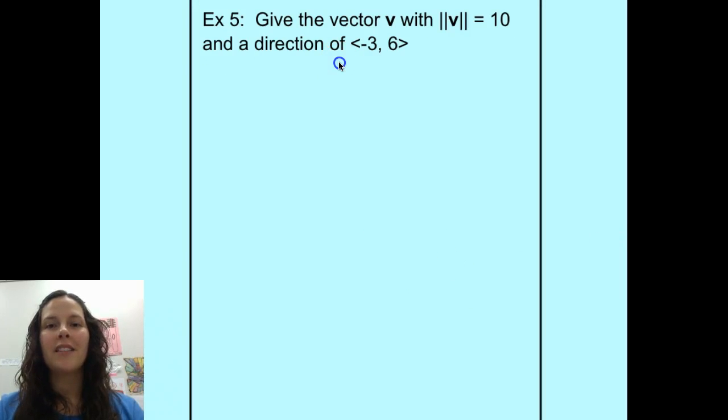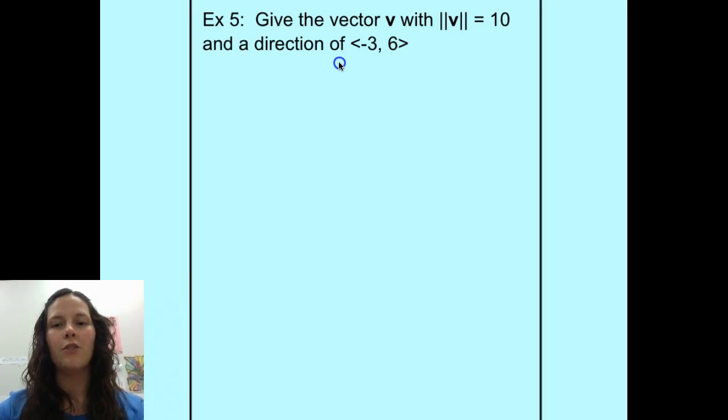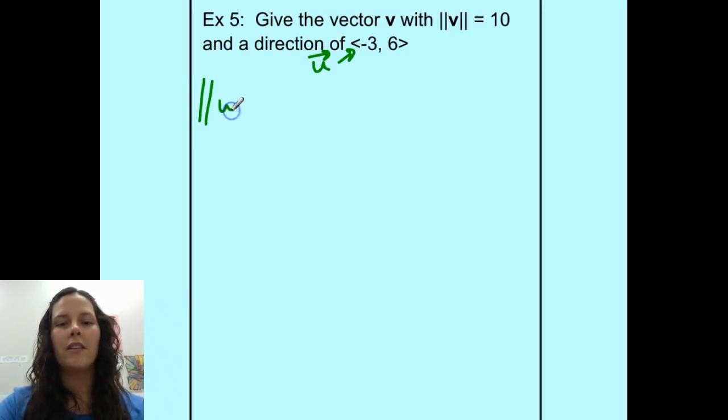This last one is asking us to find the component form of a vector given its magnitude and knowing its direction. The first step is to find the magnitude of the direction, and then we'll figure out the scalar multiple that we will need to give it the correct magnitude. I'm going to call this vector u because it doesn't have a name, so we're first finding the magnitude of u.